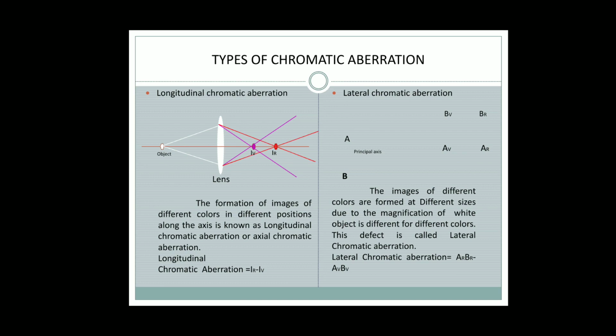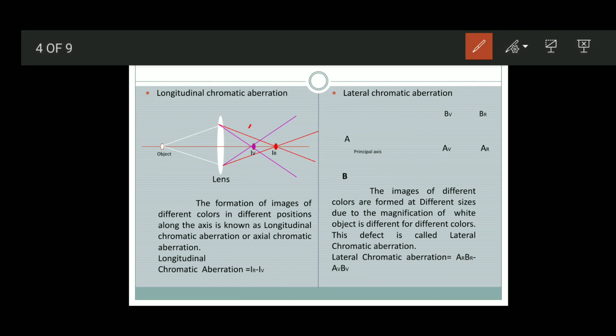Then the violet image is formed nearer to the convex lens and the red image far from the convex lens. The remaining five colors are formed in between IV and IR. This type of aberration is called longitudinal chromatic aberration.